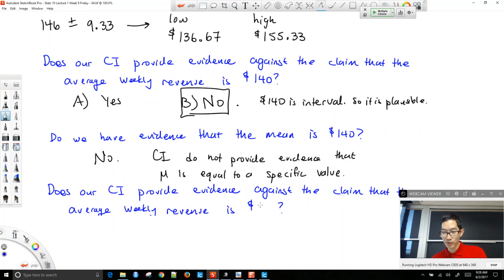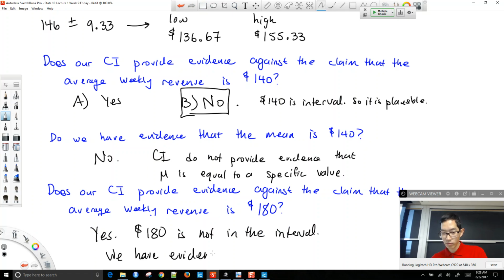So I'm going to put like 180, and then we say yes, 180 is not in the interval, so we have evidence against it. Okay. All good? All right, so then we'll just keep chugging right along.